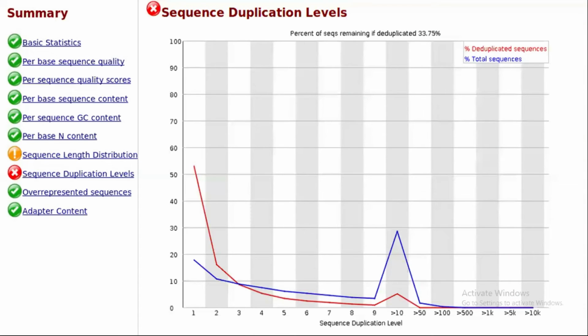Now, the sequence duplication level is very important, because there should be no such duplication. There is a specific threshold of duplication, but if your entire sequence is repeated again and again, then it is an issue. Duplication means an entire specific read is sequenced again and again, and the reason is the polymerase chain reaction.